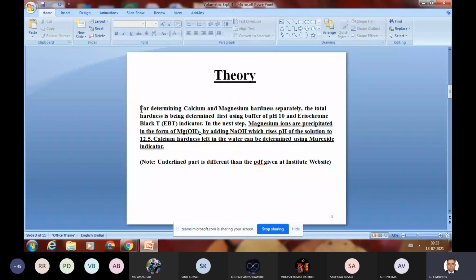So now this is the background. If it is not clear, I'm clarifying it. These things are not explained in any book, by the way. So starting with the understanding that you are going to determine the hardness in terms of calcium and magnesium cations.